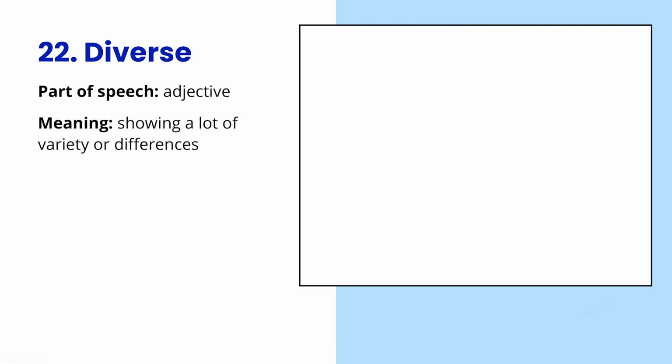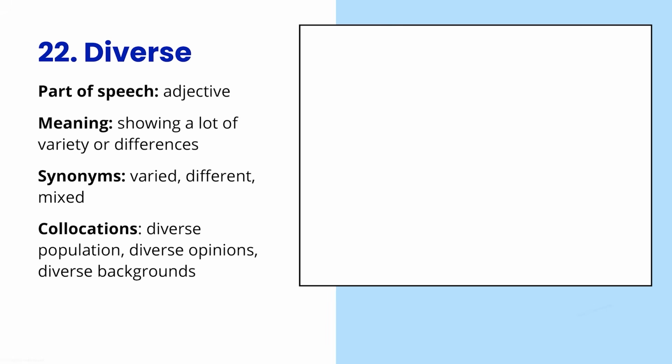Moving on to 22, which is diverse. Diverse is an adjective and it means showing a lot of variety or differences, a lot of different things or people or anything really. Synonyms: varied, different, mixed. Collocations: diverse population. So this means a population with a lot of different people from different backgrounds and different countries.